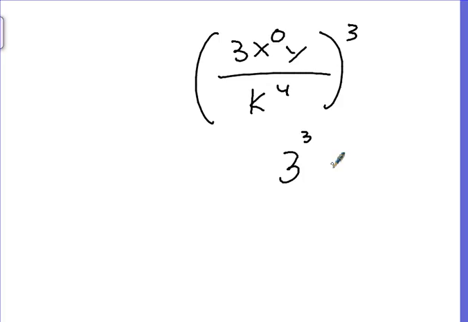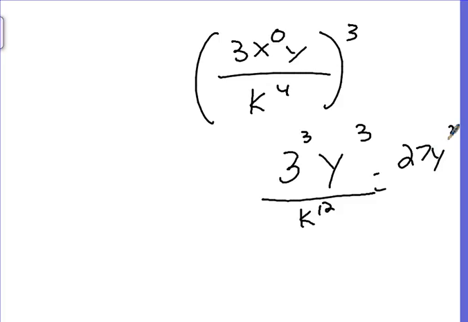Because it's 1. And 1 to the 3rd is 1, so why bother to write it? Y to the 3rd over k to the 12th. In other words, 27 y to the 3rd over k to the 12th. Because x to the 0 power is just 1, and 1 cubed is still 1.